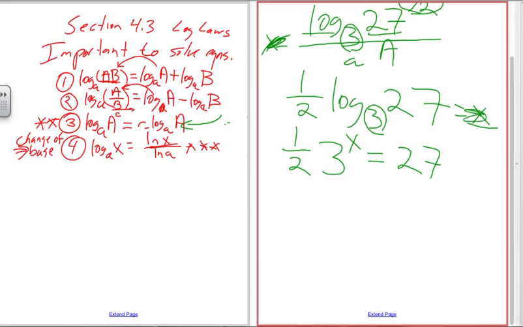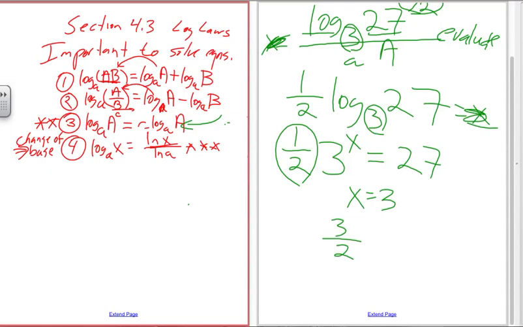We want you to evaluate, which means simplify and solve it out. Okay, so there we go, 3 to some power. Now I know x has to equal 3 because 3 cubed is 27. And then I have to divide by 2, so it's going to be 3/2.